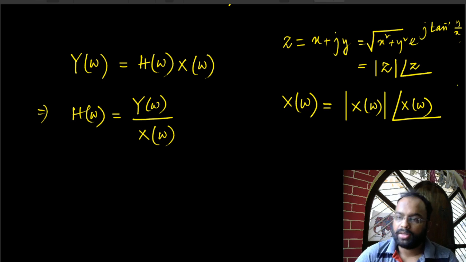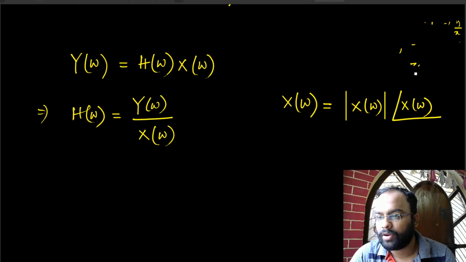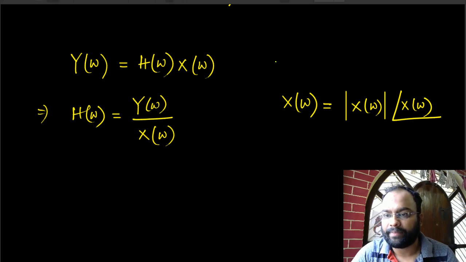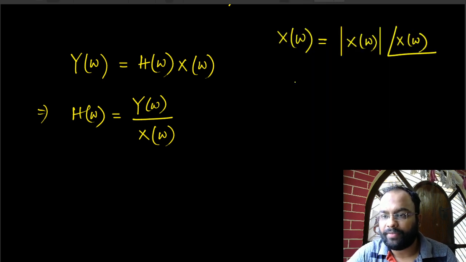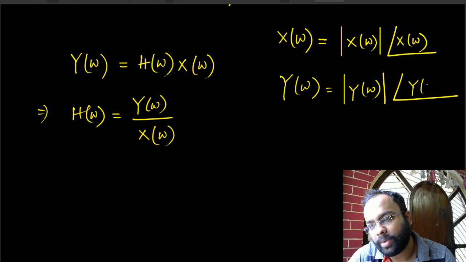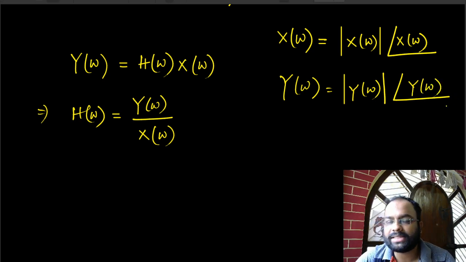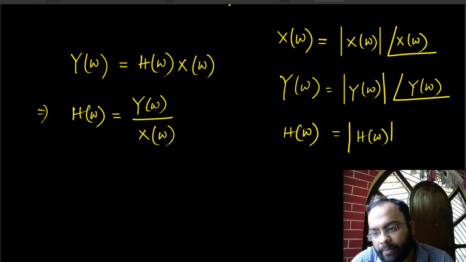Using the phasor representation, if we represent everything like that, then I have Y(ω) as |Y(ω)| angle Y(ω). And what is this angle again? Tan inverse of the imaginary part divided by the real part. Similarly, H(ω) is |H(ω)| angle H(ω).